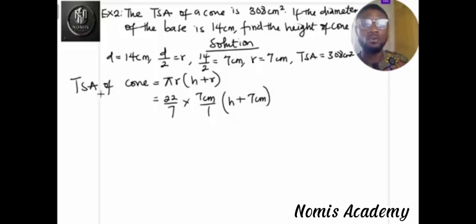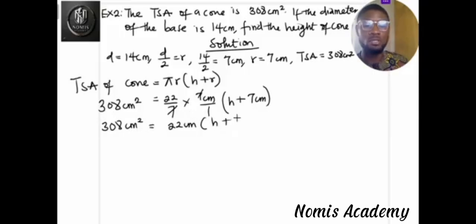Don't forget, the total surface area of the cone has been given to be 308 centimeters squared. So 7 cancels 7 here, and I'm left with 308 centimeters squared equals 22 centimeter, open bracket, h plus 7 centimeter.